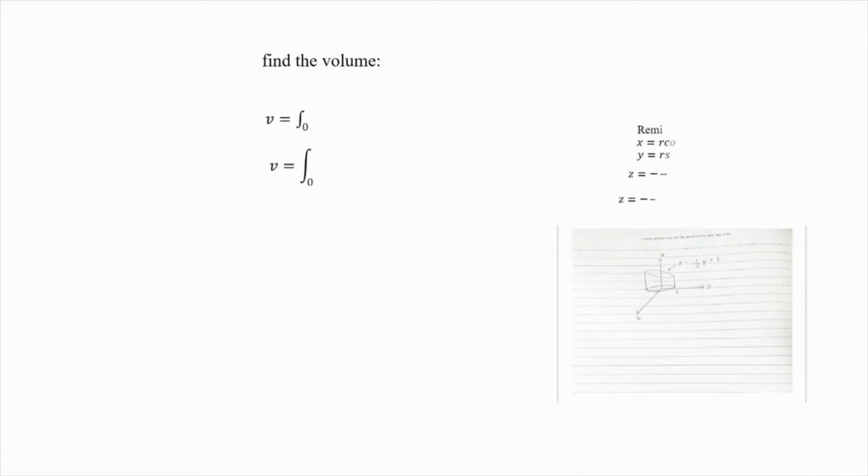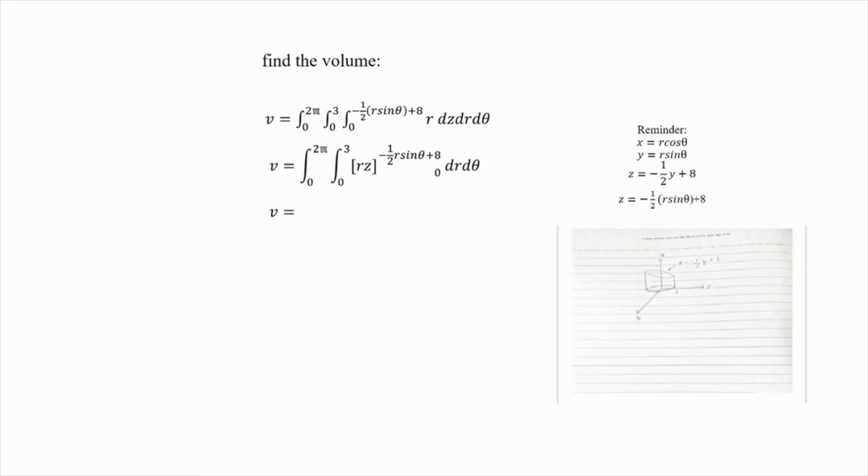Next, to find the volume by using the triple integral in cylindrical coordinates, we must remember that x equals r cos theta and y equals r sin theta. So, from the equation z equals negative half y plus 8, it will become negative half r sin theta plus 8.